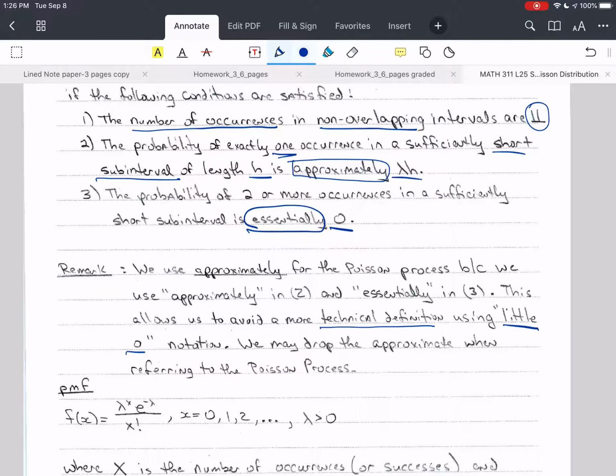That would mean that we'd have to introduce not only that notation, but an alternate notation, big O notation, talk about the differences of those, and then come to this fairly technical definition. So we're going to avoid that and use this definition, which is a very good introductory definition for someone who's just learning about the Poisson process. Just notice that we frequently will drop the word approximate, but we're still referring to this approximate non-technical definition.